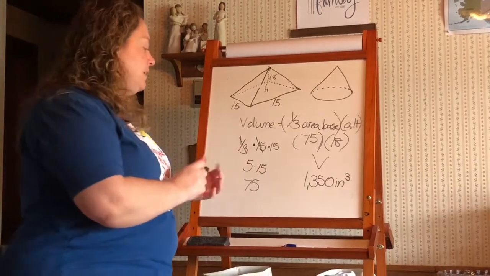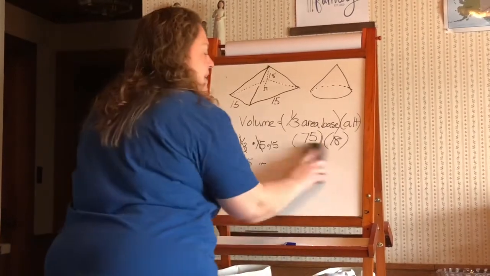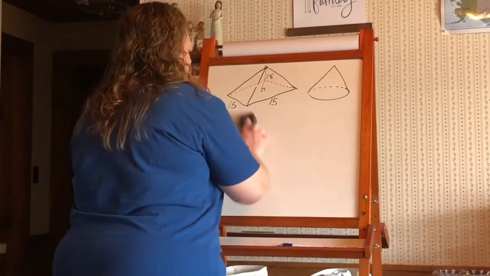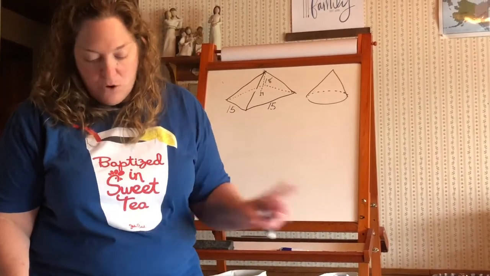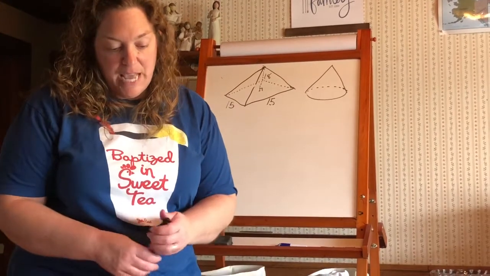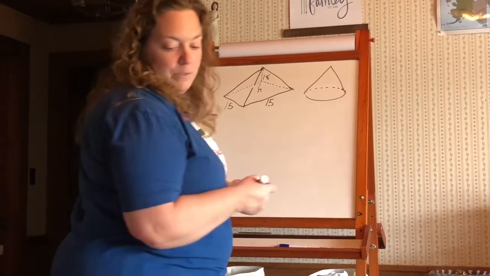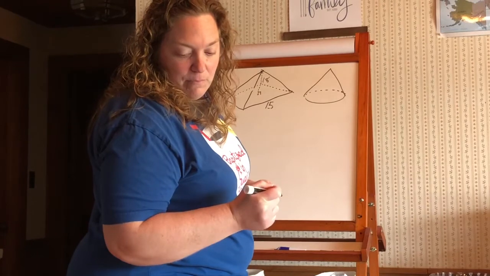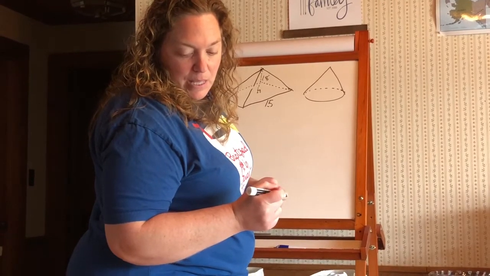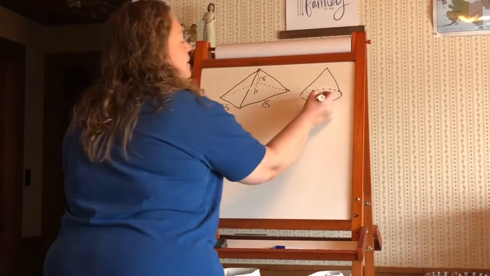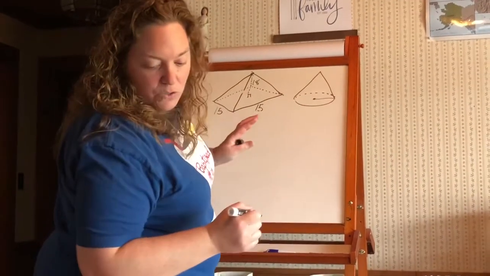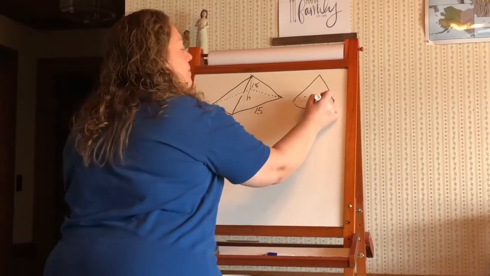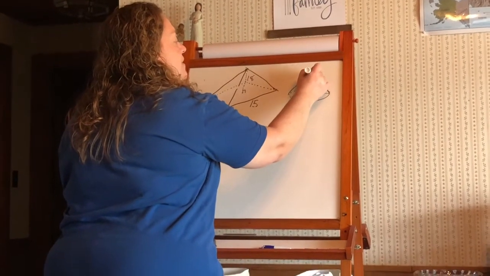While we're looking at volume, let's go ahead and just look at a cone. The formula is the same. So, it tells us that the radius of this circle is 12, and it gives us the altitude.